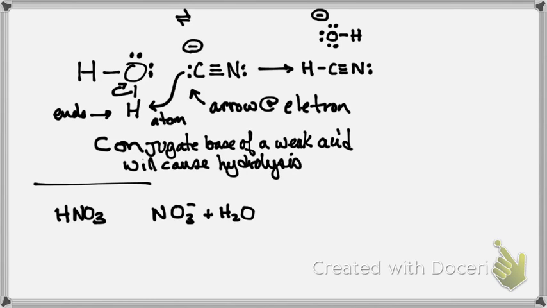And if hydrolysis occurs, there's a pair of electrons on an oxygen that would go over and grab the hydrogen from the water, split the water, proton transfer reaction. Okay, it's a long way of saying that. And I would form HNO3 plus OH minus.